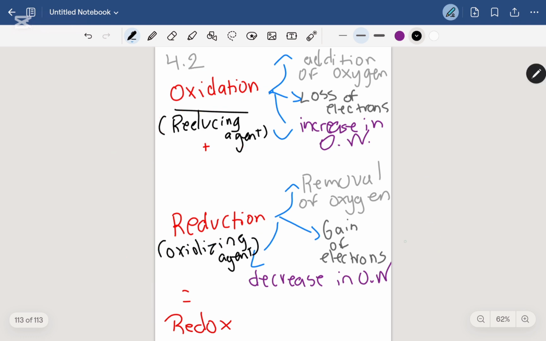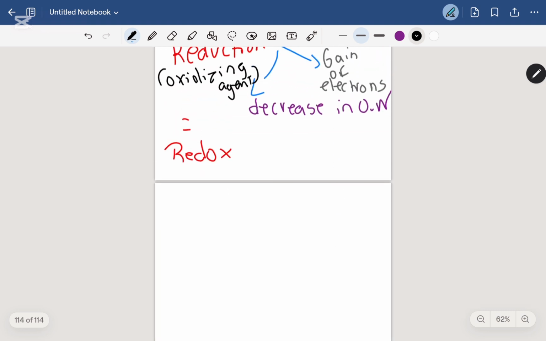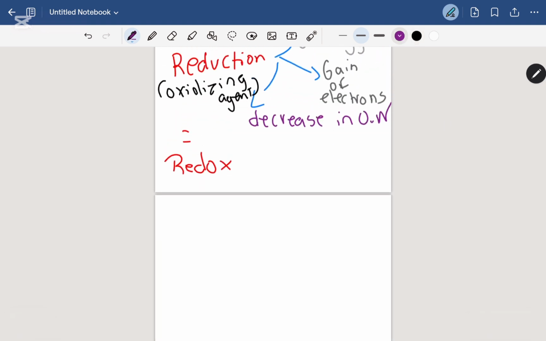All right. Now I'm gonna add a page, and I need to discuss something before we move on to the next section, which is 4.6, half reactions. What are half reactions and how do we use them?